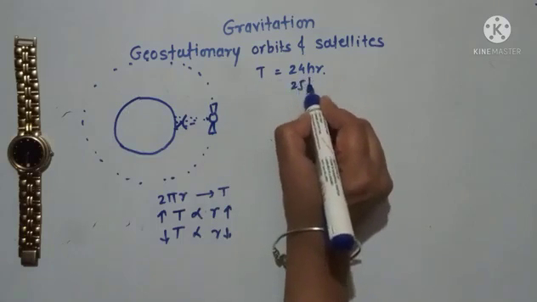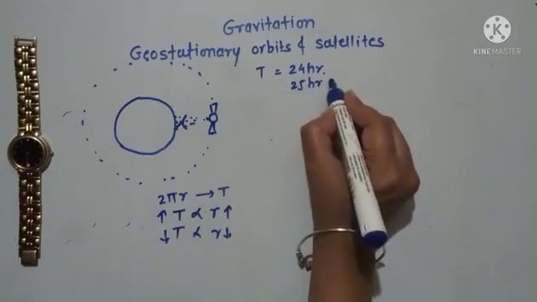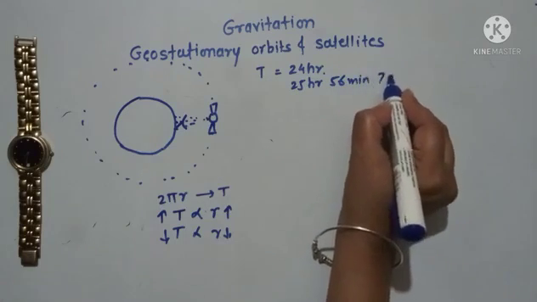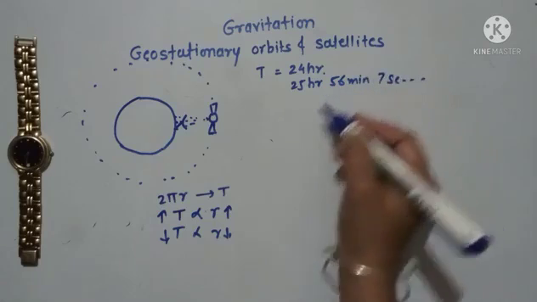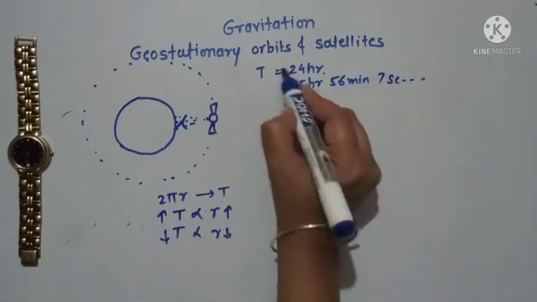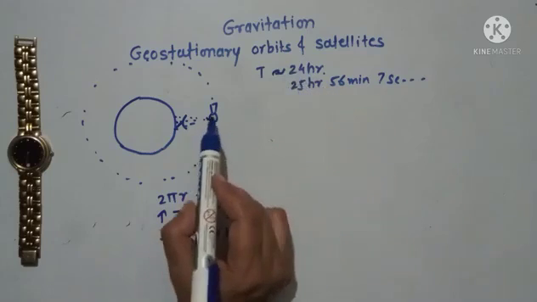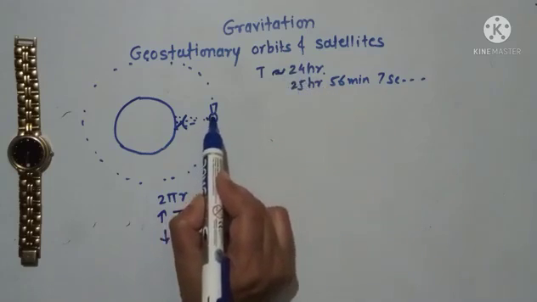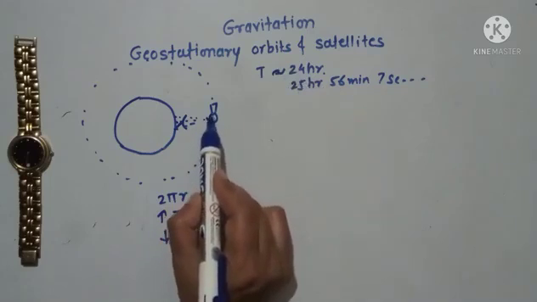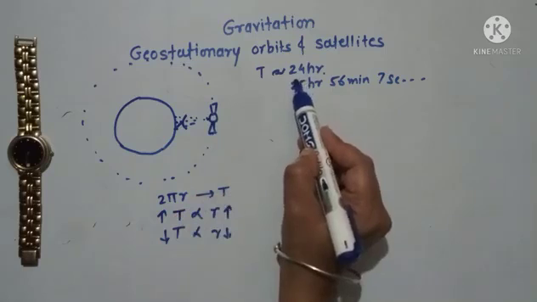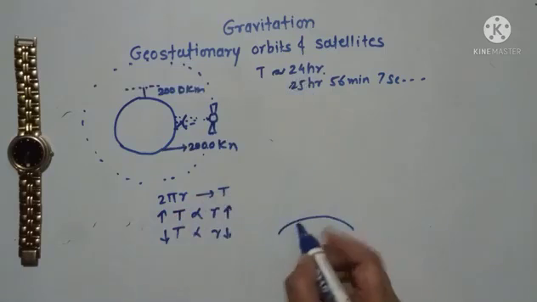Actually it is 23 hours and some 56 minutes and some seconds, but for simplicity we nearly take it as 24 hours. Now as this satellite should be stationary, it must also have the time period T equal to 24 hours.